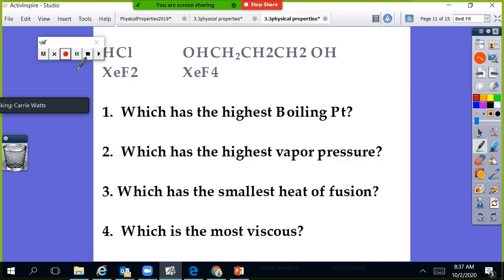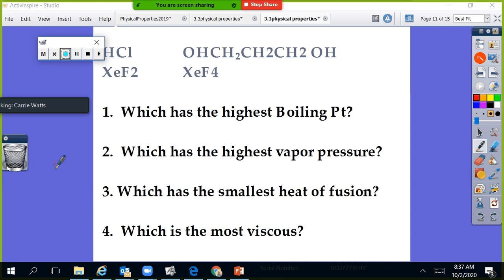So what we're going to do now is pause the video, and you're going to take 5 minutes to do this free response question for AP. You're going to look at hydrochloric acid, xenon difluoride, xenon tetrafluoride, and this other alcohol, and tell me which one has the highest boiling point, highest vapor pressure, smallest heat of fusion, and is most viscous.